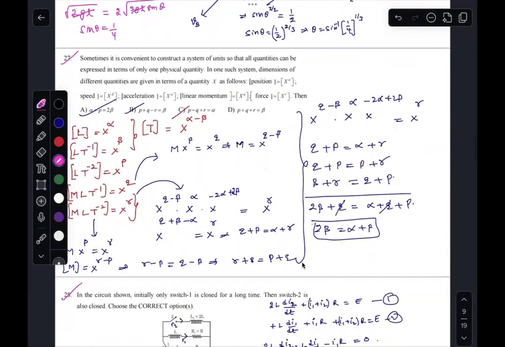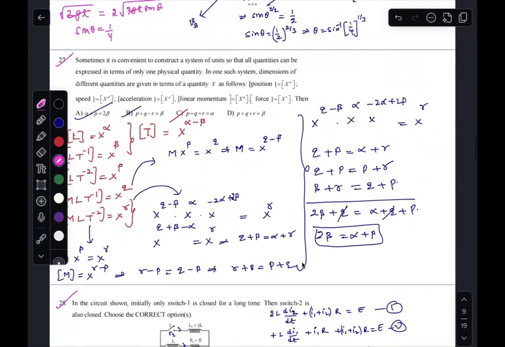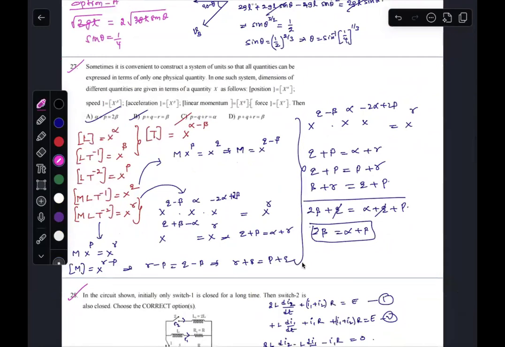Arey yaar, there is nothing in this. You need to do dimensional analysis. That's all. I haven't done anything. It's a previous IIT question. I used the data: the given position term I have written, given speed term, given acceleration, given momentum term.